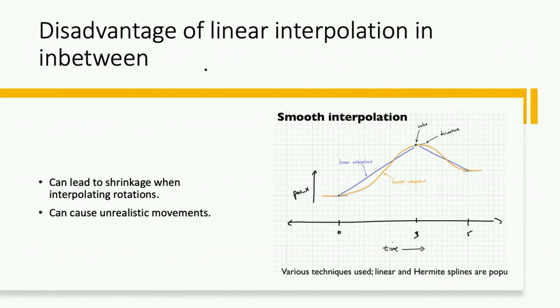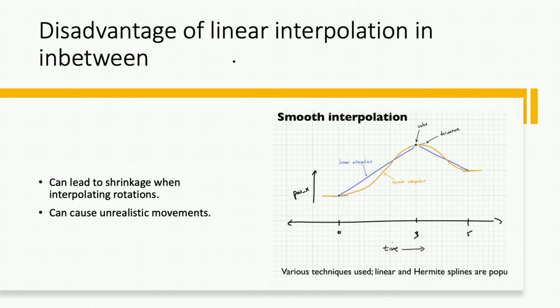Now the advantages and disadvantages of linear interpolation in-betweening. The advantage of linear interpolation is that it's simple to apply. But in terms of the disadvantage, not all animation can use linear interpolation.